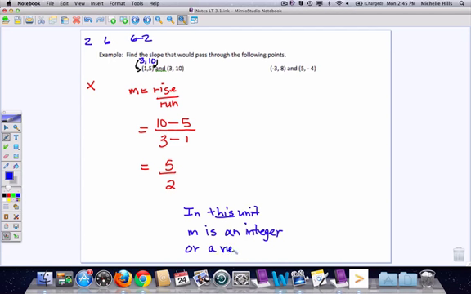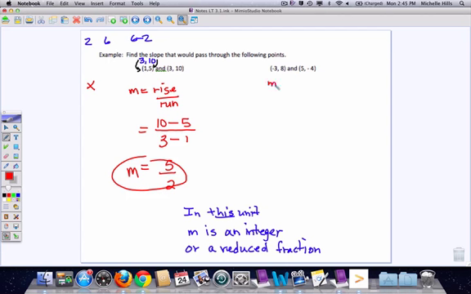Now, what that means is I do not want you to give me a decimal here, and I do not want you to convert this to a mixed number because I want it to be an integer, or I want you to be able to see the rise over run. This line rise is 5 every time it runs 2. I can't reduce 5 over 2 because the greatest common factor of those two numbers is 1, so I leave it as m equals 5 over 2, and hopefully you circled it better than I did.